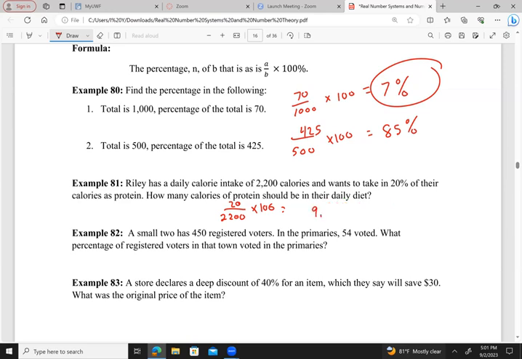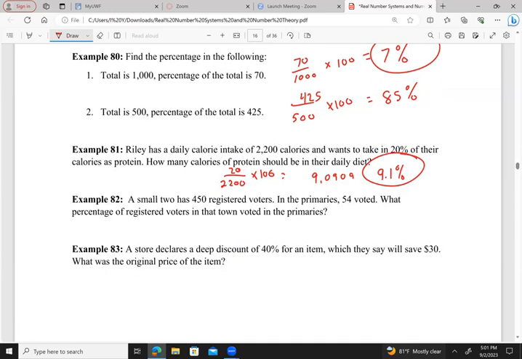It's 9.0909. There we go. Times 100. So we go 9.1%.